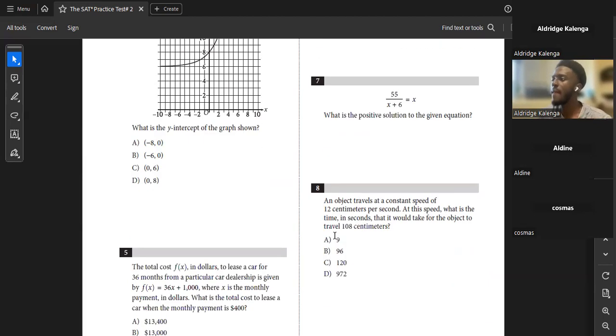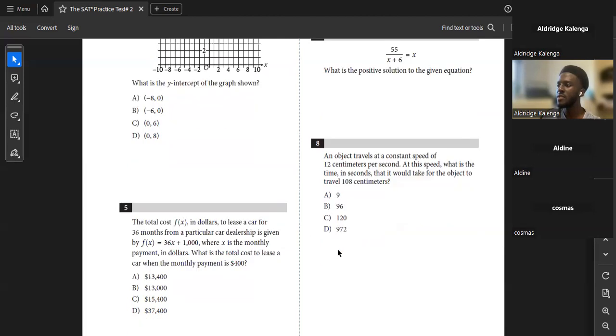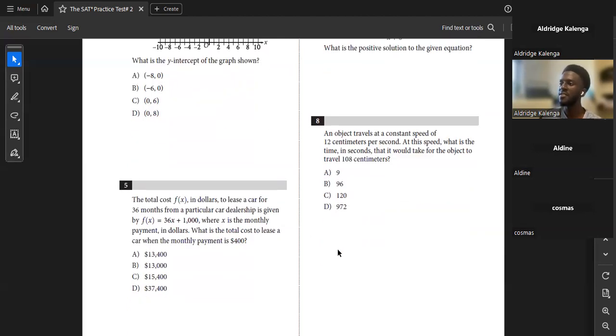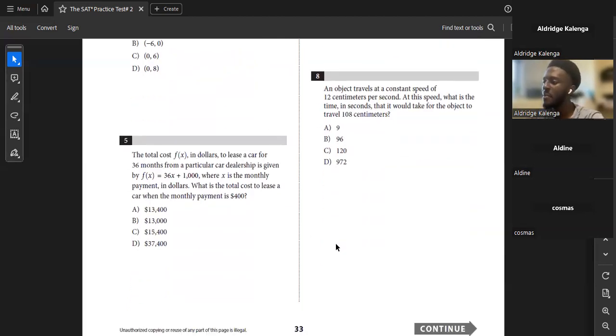All right. An object travels at a constant speed of 12 centimeters per second. At this speed, what is the time in seconds it would take for that object to travel 108? Okay. Quick math in this one, I see.